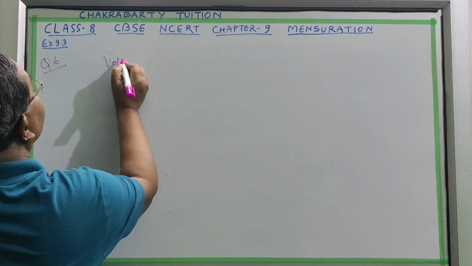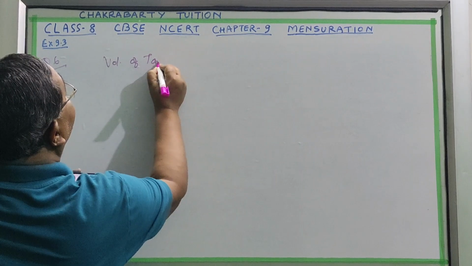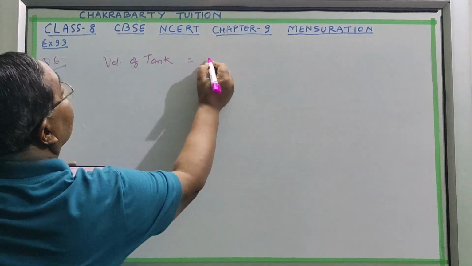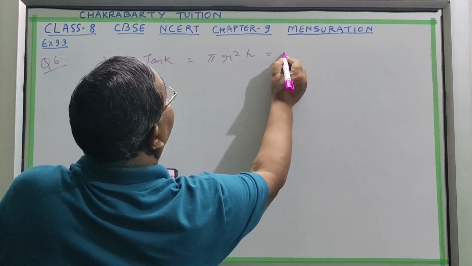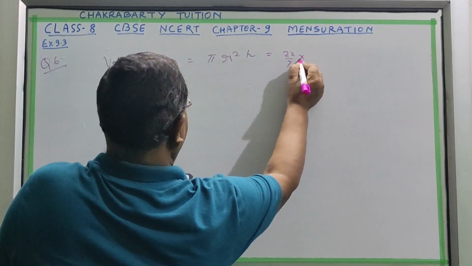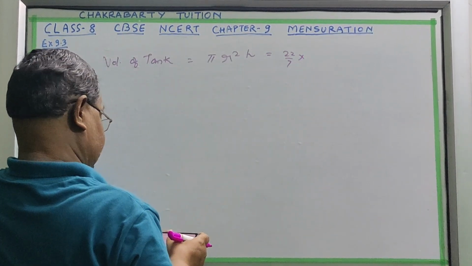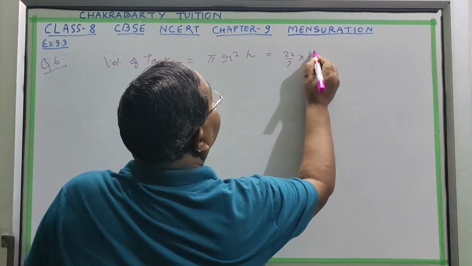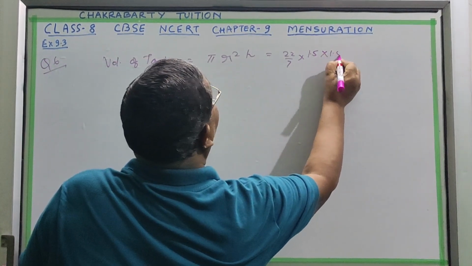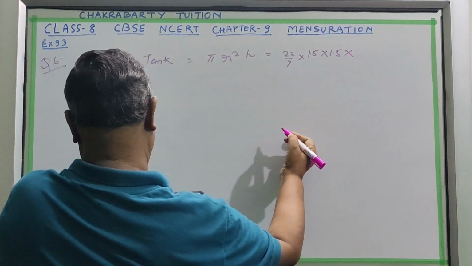Volume of tank is equal to pi r square h, which is 22 by 7 into radius 1.5 into 1.5 into height.